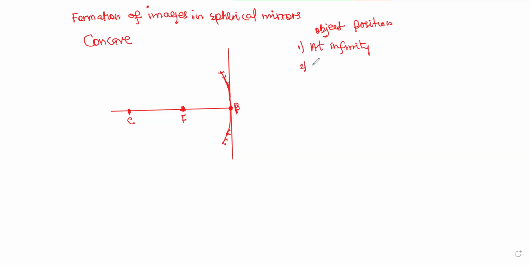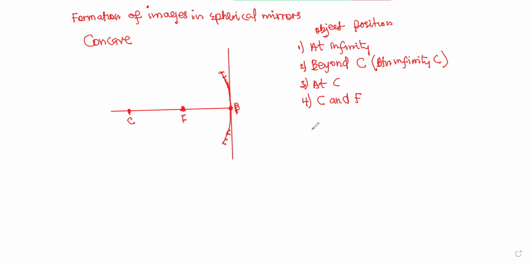Two, in between C and infinity, or beyond C. The object positioned beyond the center of curvature is the same as placed between infinity and C. The object position can also be at C, and it can also be positioned between C and F, and we'll do it for all these positions.